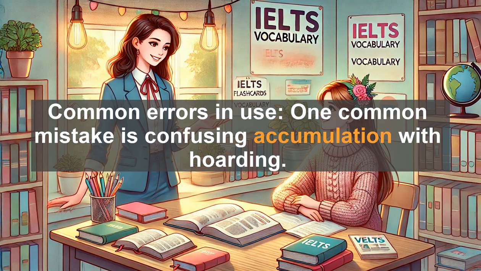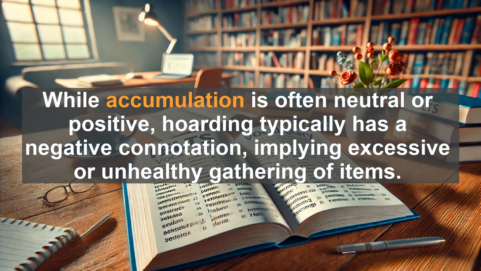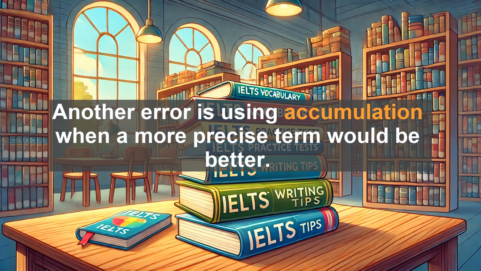Common errors in use. One common mistake is confusing accumulation with hoarding. While accumulation is often neutral or positive, hoarding typically has a negative connotation, implying excessive or unhealthy gathering of items. Another error is using accumulation when a more precise term would be better.